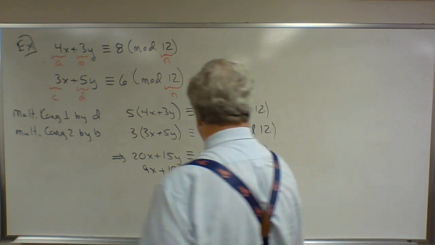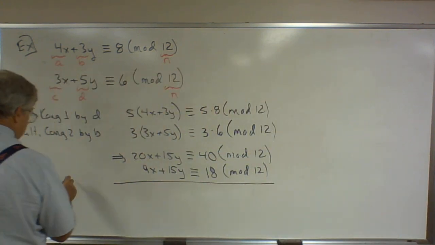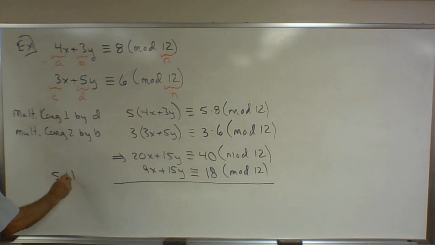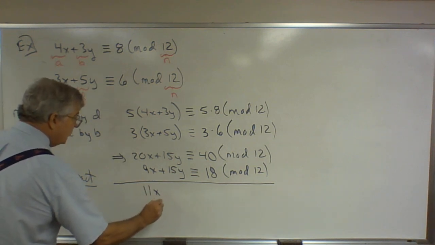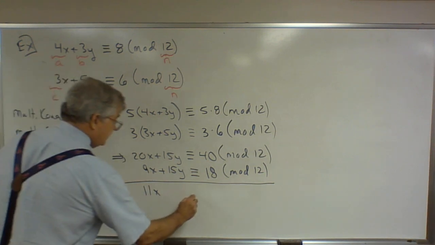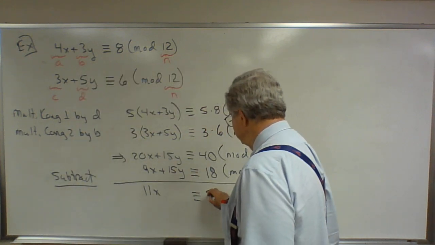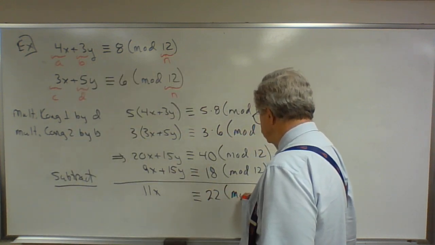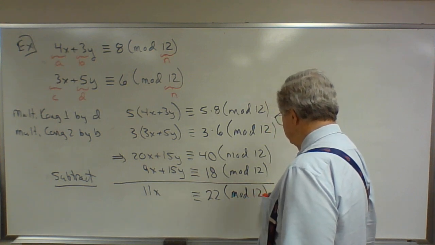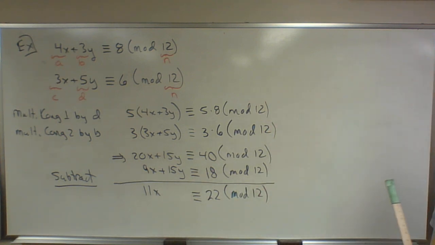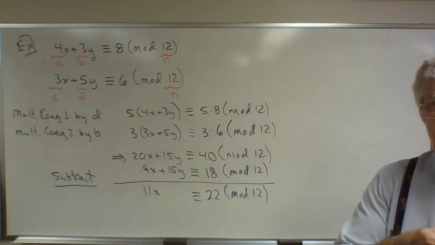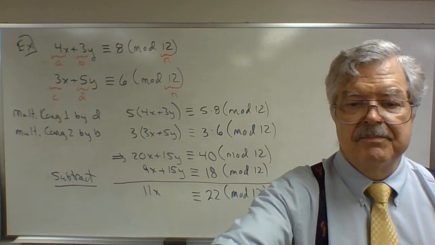Okay, and we subtract. And that will give us 11x is congruent to 22 mod 12. Wow, this is too easy. Now let me put the brakes on for a minute so I can clear off the board.